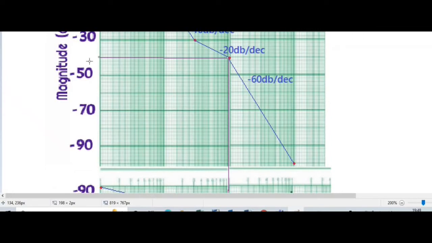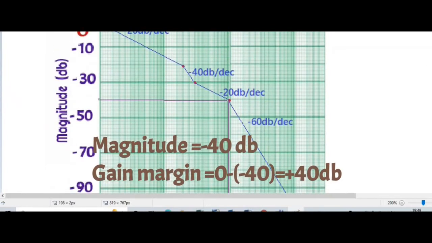For this minus 40 dB, we will decide the gain margin. So gain margin is 0 minus minus 40. Remember we have to take the difference between 0 and this line. So 0 minus minus 40, so we will say that gain margin is plus 40 dB.